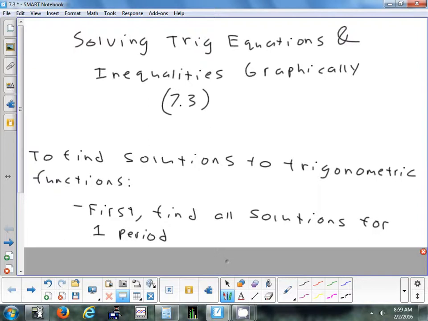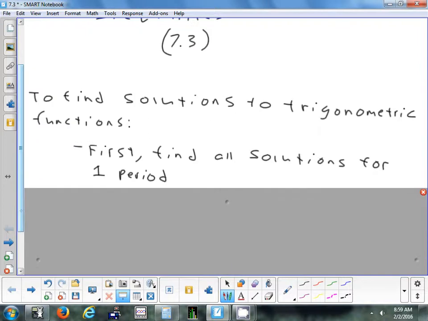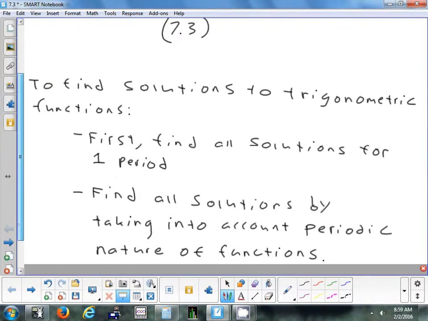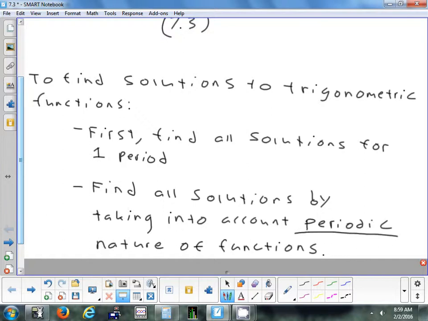All we have to do is remember that those answers repeat every period. So once you find all your answers in one period, you need to put plus the period times k. Most of the time the period today is either going to be pi or 2 pi.